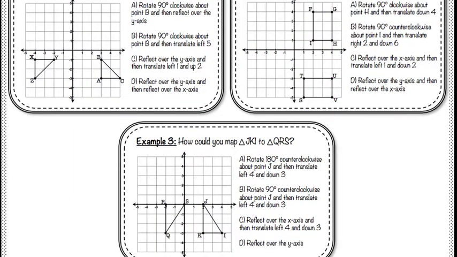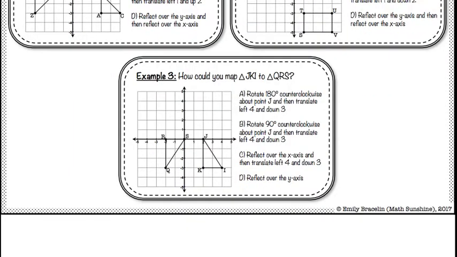Let's look at example 3. Example 3 says, how could you map triangle JKI to triangle QRS? JKI, QRS. All right, so I think that most likely some type of rotation has happened, but I'm not really sure. So I'm going to try to figure this out.